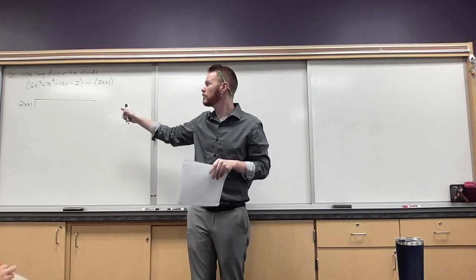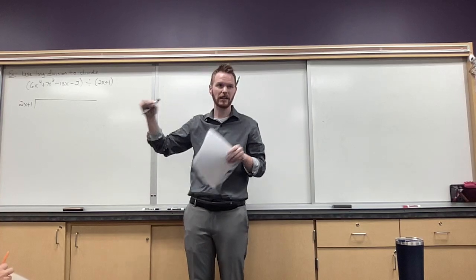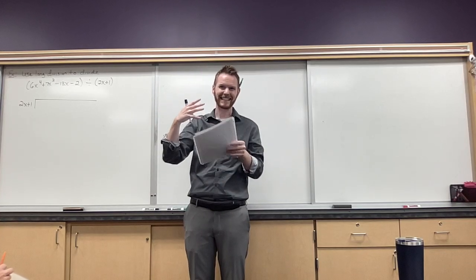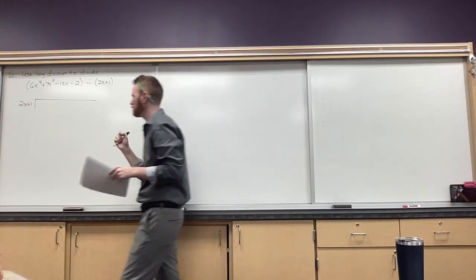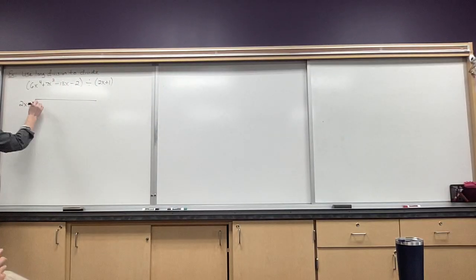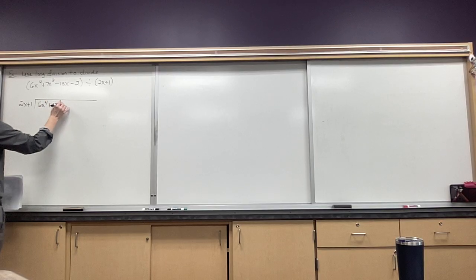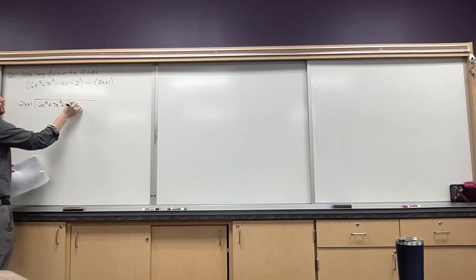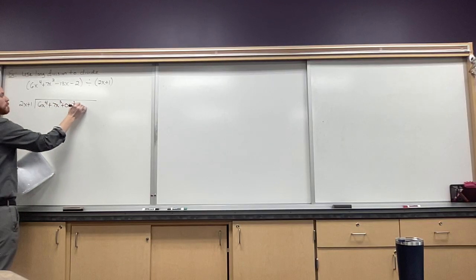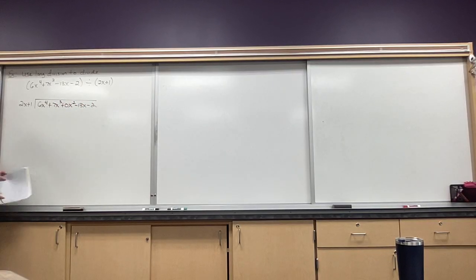Because if you don't do that, when you start dividing, terms are going to be mixed up. It's not going to work out too nicely, so the 0 is a good way to keep things vertically aligned, okay? So we're going to have 6x to the 4th plus 7x cubed. It doesn't matter if you put plus or minus, because it's just 0. So we'll just put plus 0x squared minus 13x minus 2.